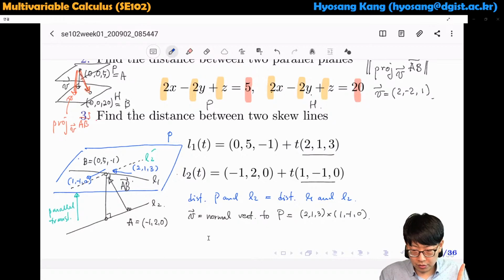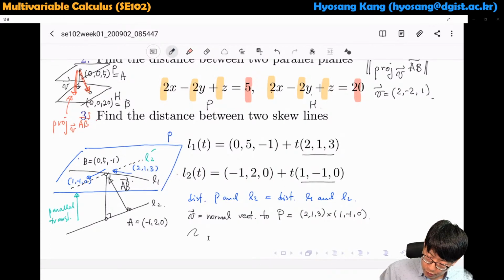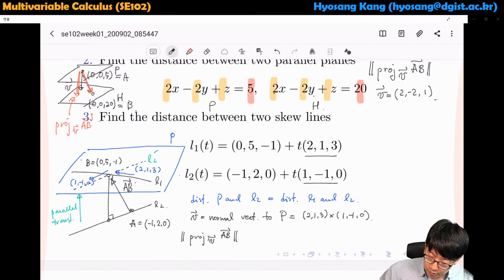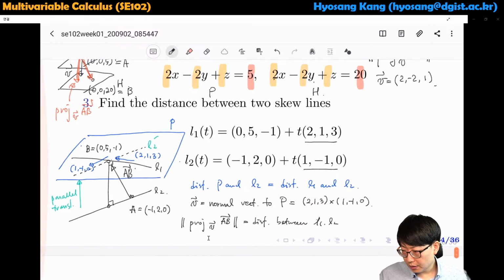So that's the normal direction of P. That's how you get V, and then the projection of AB onto this vector is the vector which is perpendicular to the line L2 and the plane P, which starts from L2 and ends up at plane P. So if you take the norm of that vector, that's the distance between L1 and L2. Okay, make sense?